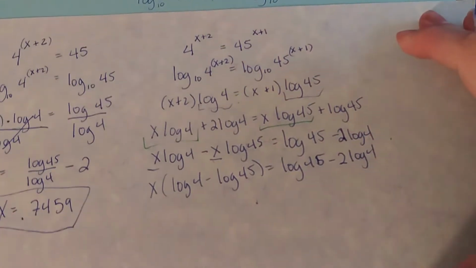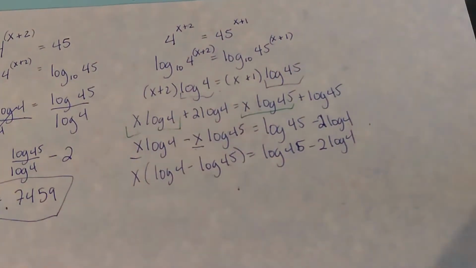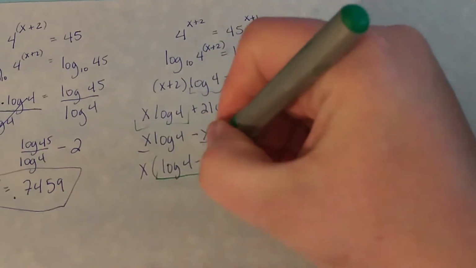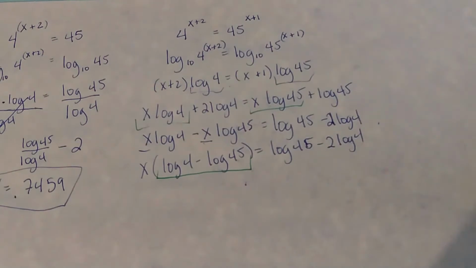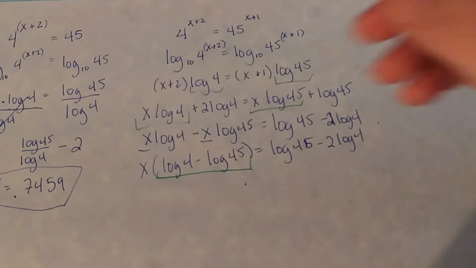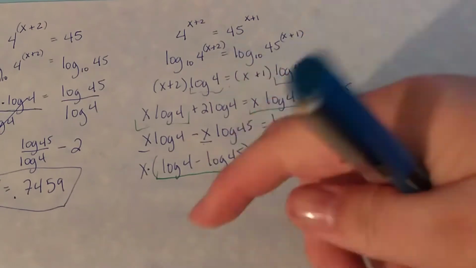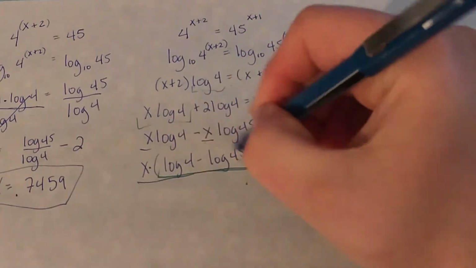All right, and again, if you're thinking of logs as numbers, which they are, this whole term right here looks really complicated, but that is just a number. So it is a number times x, which means it's just a coefficient, and just like any other coefficient, we can divide it away from that side to get the x by itself. So that's what I'm going to do next.